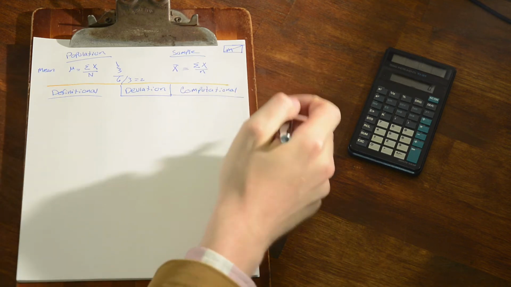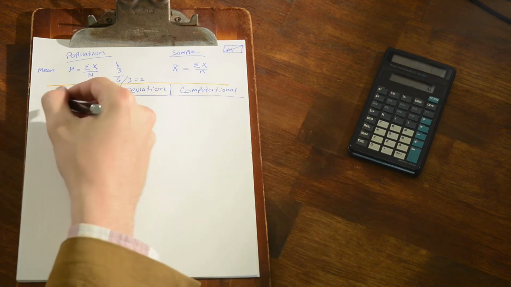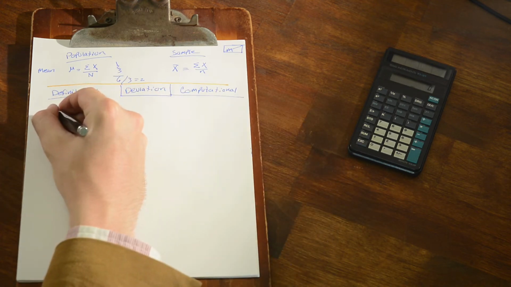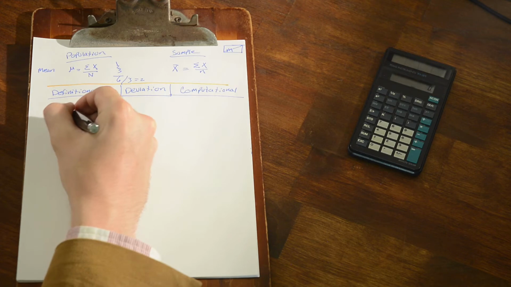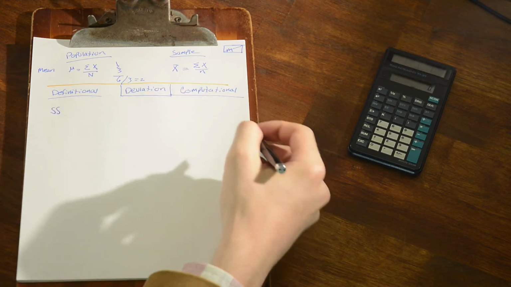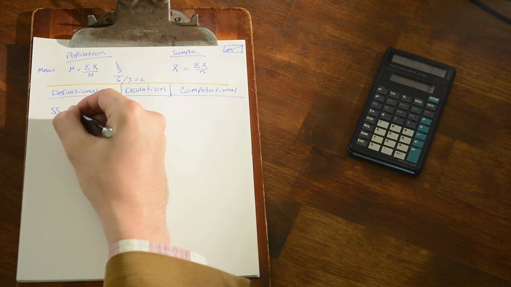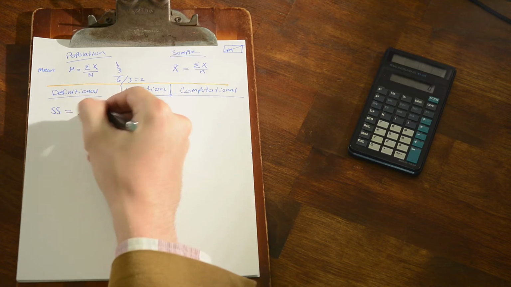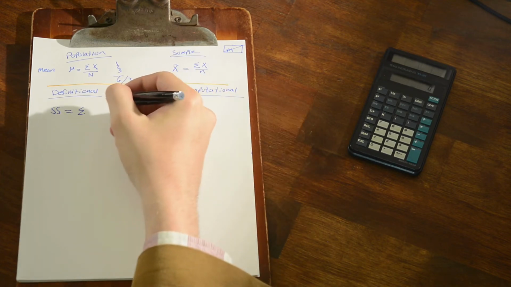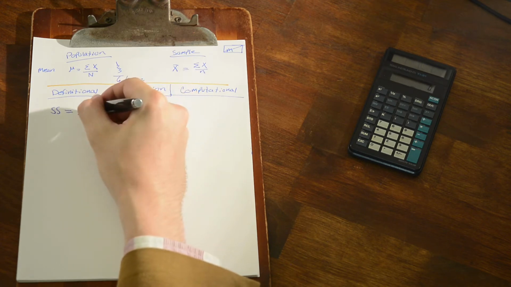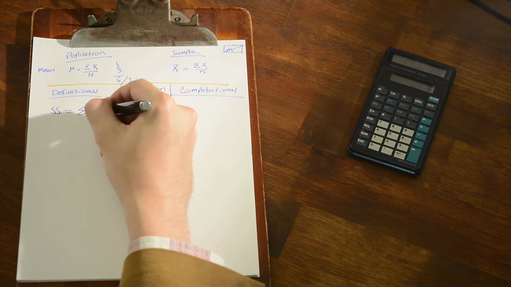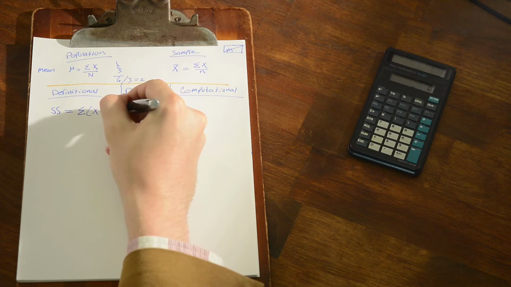So the first measure of deviation we use is called the sum of squares, represented by a double S. Our definitional formula for the sum of squares is equal to the sum, that's our summation sign, the capital sigma, of x minus mu squared.